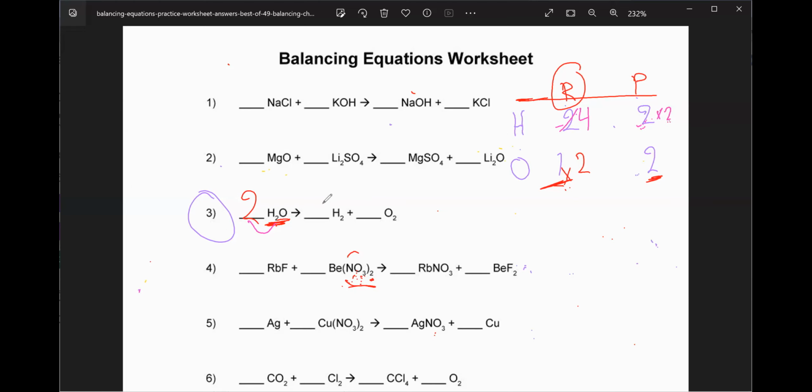So I will go back here and multiply by 2, and then I repeat. How much hydrogen do I have? 4. And 4. Okay, good. Oxygen. How much oxygen do I have? 2 and 2. Okay, so it's balanced now.